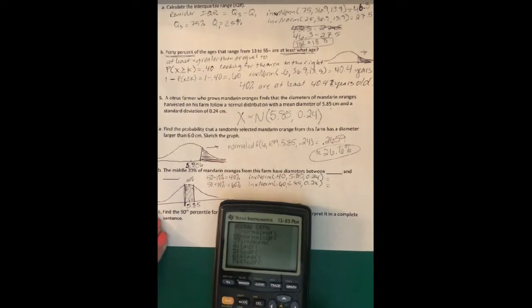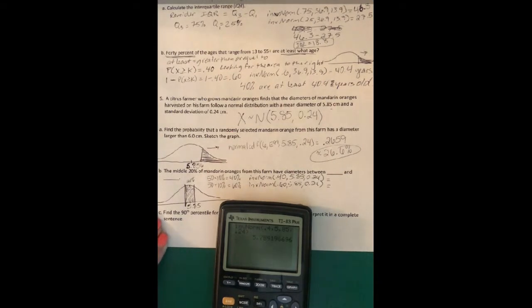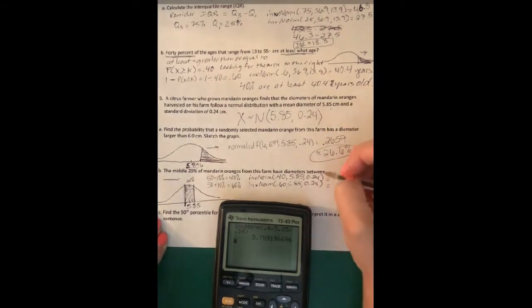Second distribution down to inverse norm, 0.4, comma, 5.85, comma, 0.24. Close parentheses. And I get, let's say, 5.79.